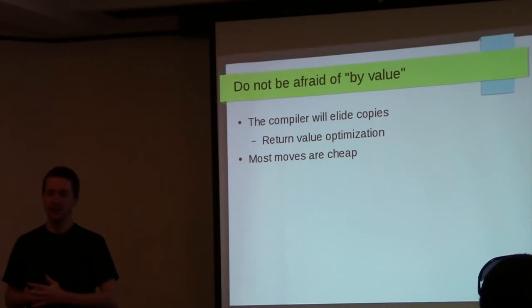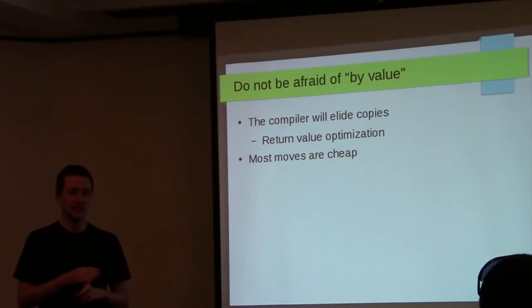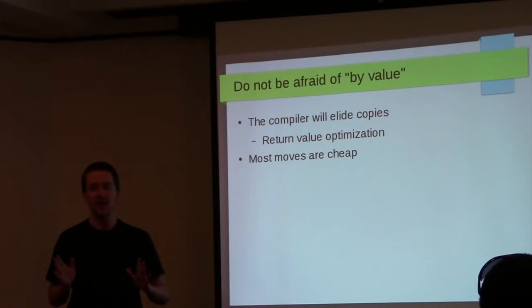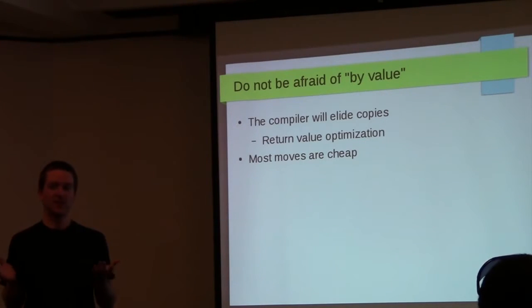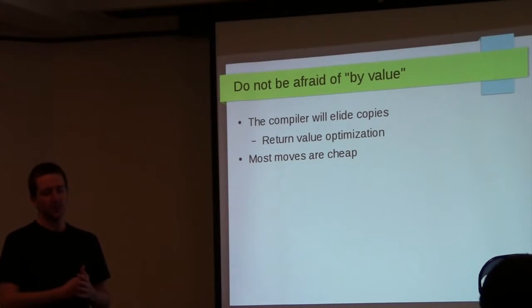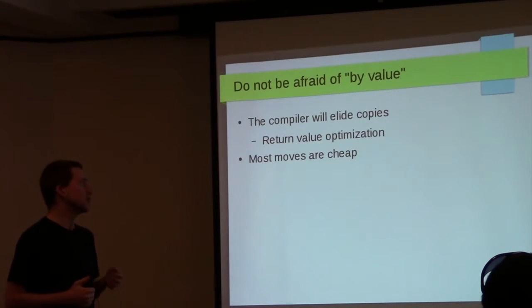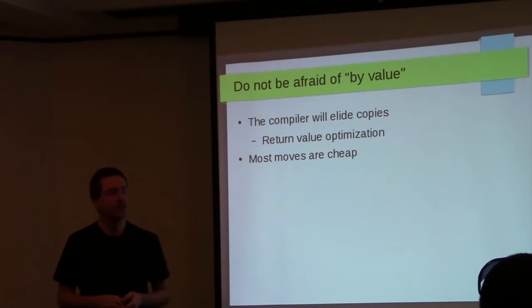It'll be constructed directly in place. All compilers do this. GCC, Clang, Visual Studio, Intel. There will be no copy there. You don't have to be afraid of returning by value. You don't have to return a unique pointer to minimize the cost of that. That's referred to as the return value optimization in that case.